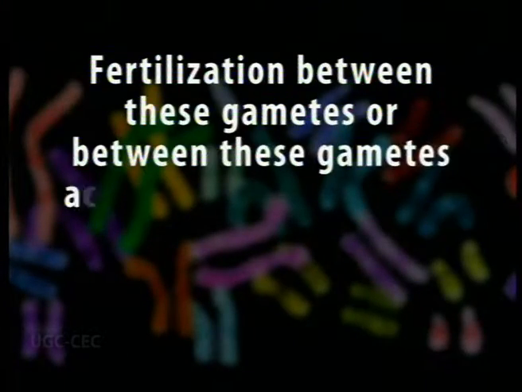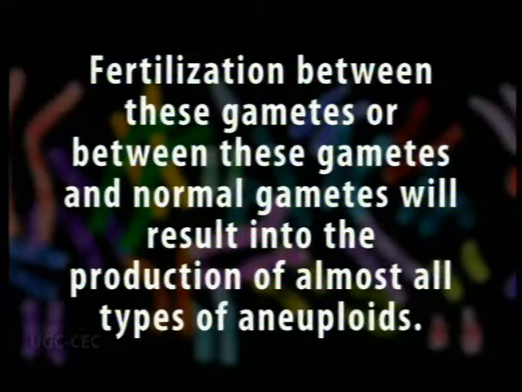Some poles receive more chromosomes, some receive fewer chromosomes, and therefore there can be 0 to all distribution between the poles, and different types of gametes are produced lacking 1 chromosome or 2 chromosomes, 3 chromosomes or more, depending upon the chromosome number of that particular haploid individual, and hence different aneuploid gametes are produced, and fertilization between haploid plants and the normal plants will result into the production of all possible types of aneuploids.